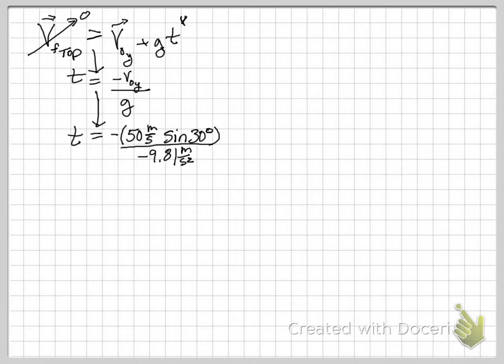If you're not sure how we got the sine 30, just remember you have your triangle. The 50 is the magnitude, and the degrees were 30, and we're looking for the y component right here. So in this case, we'd have velocity naught of the y component. All right, so that's where we got the sine 30. Do our math, and it comes out to 2.5 seconds.